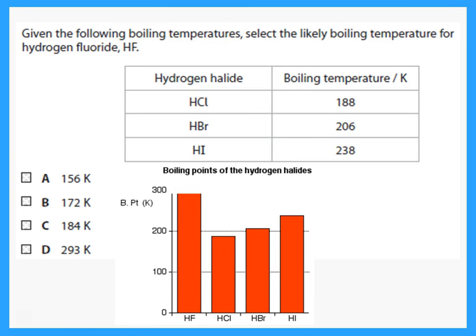So which one would be the likely boiling point of HF? It should be higher than all of these due to the presence of what? Due to the presence of hydrogen bonding. So we would choose 293 as the likely boiling point.